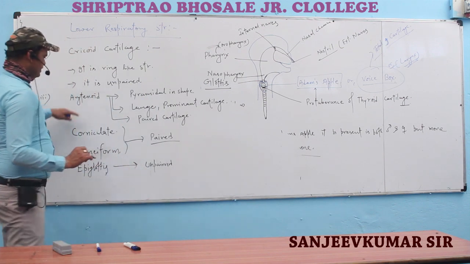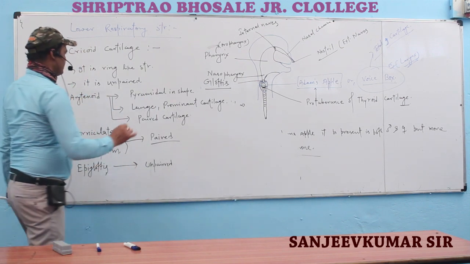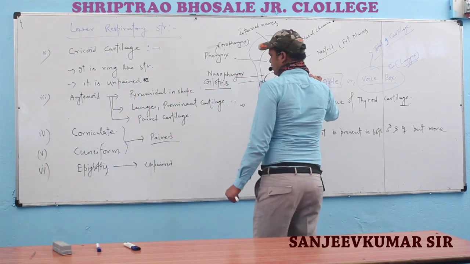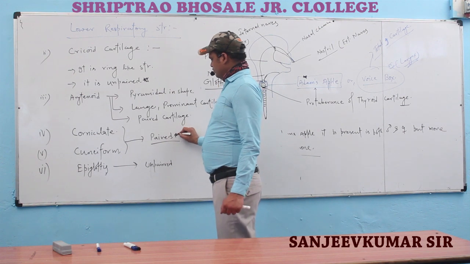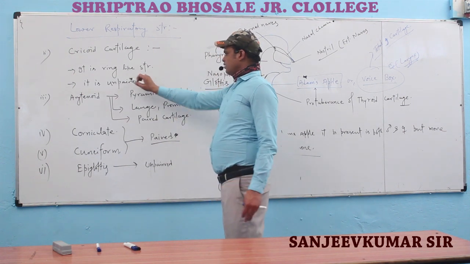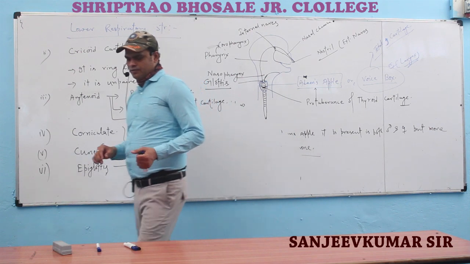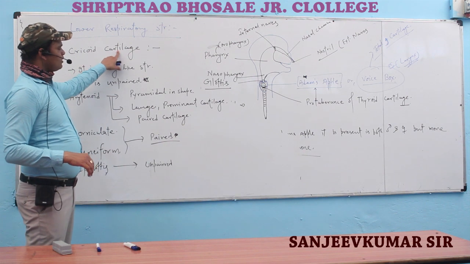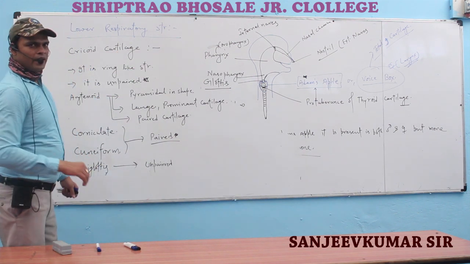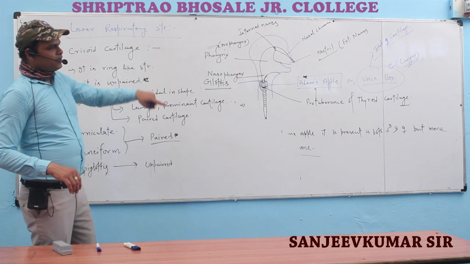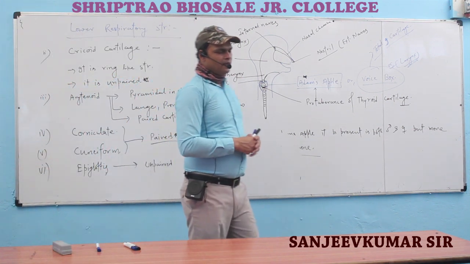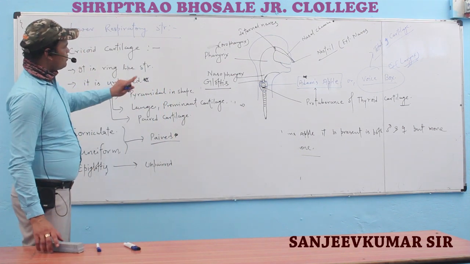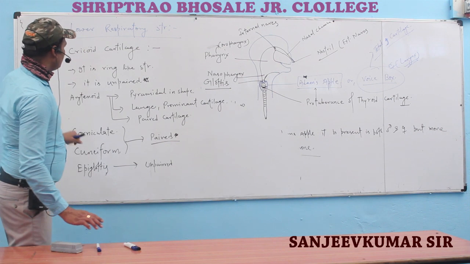Basically these are the question section for the NEET point of view: which one is paired, which one is unpaired, which one is large, which one gives rise to Adam's apple, which one is incomplete, which one is complete. This is the basic concept of this lower respiratory structure.